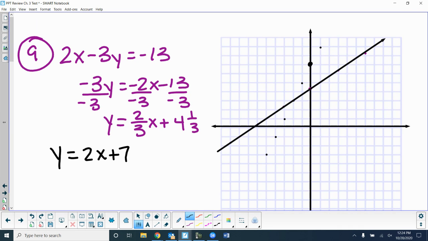And I hit the line. I know where it's going to go. Okay, get your straight edge out. Try to be accurate. And we see they intersect right there.